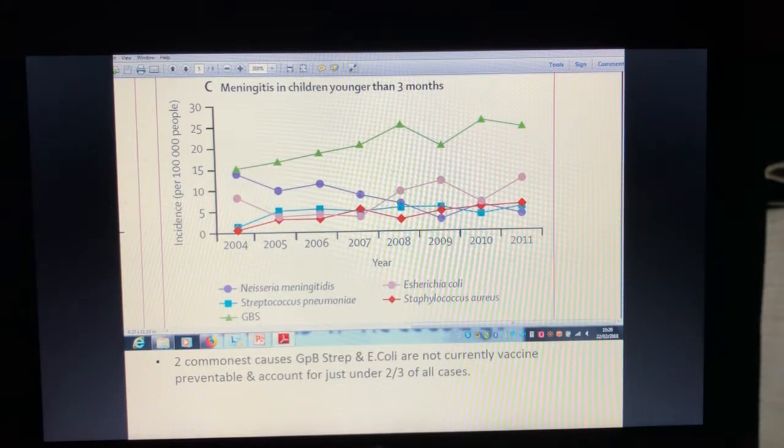The second most common is the pink circles, which is E. coli, and it's interesting to see that the purple circles, which is Neisseria meningitidis, was falling from 2004 onwards and has stayed stable and low since 2009.